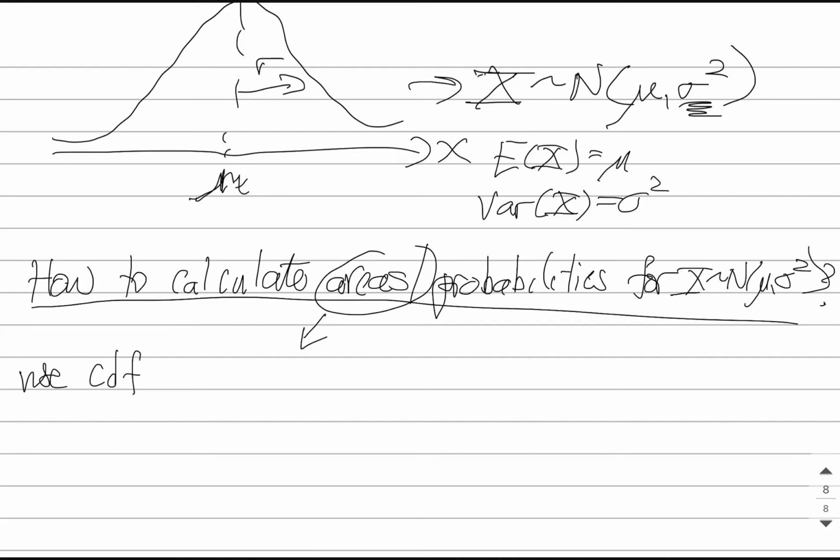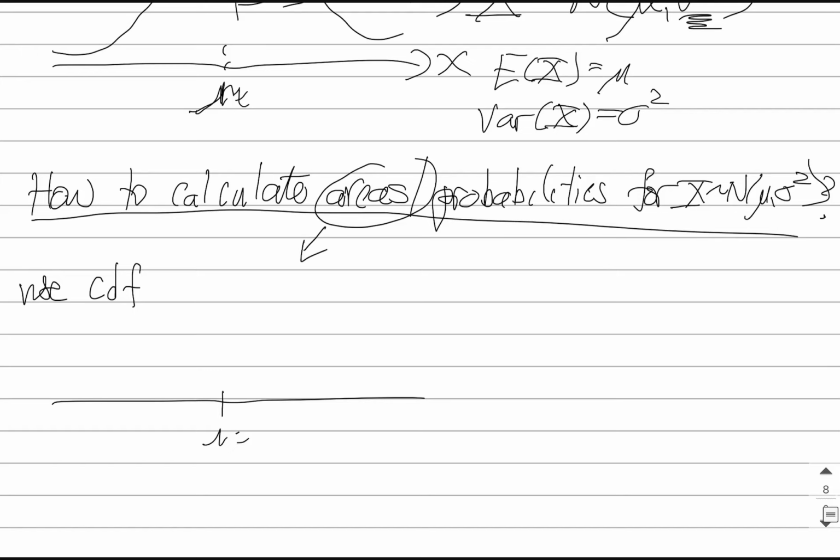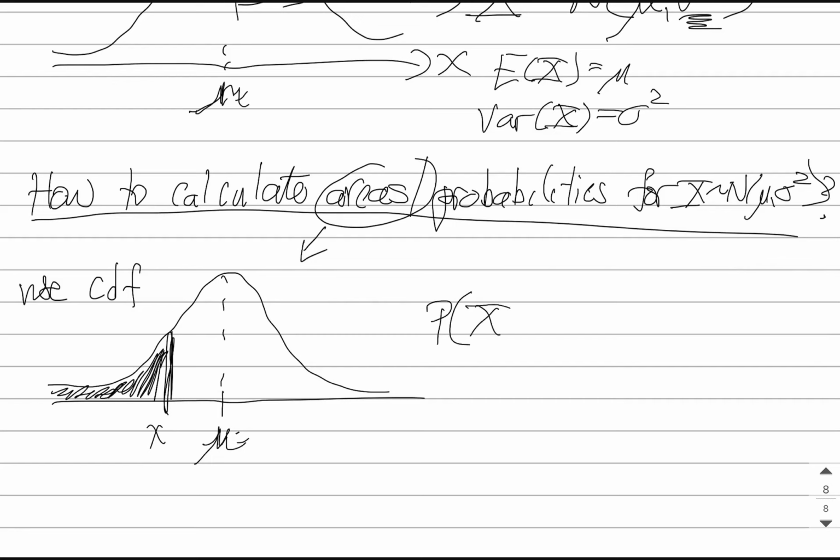So, for instance, if we are given a problem as such, where we say, here is my general normal curve, I would like to figure out the probability that x is less than some value. So I would like to know the chance that this random variable takes on values, everything up to and including this, so everything as a left area.